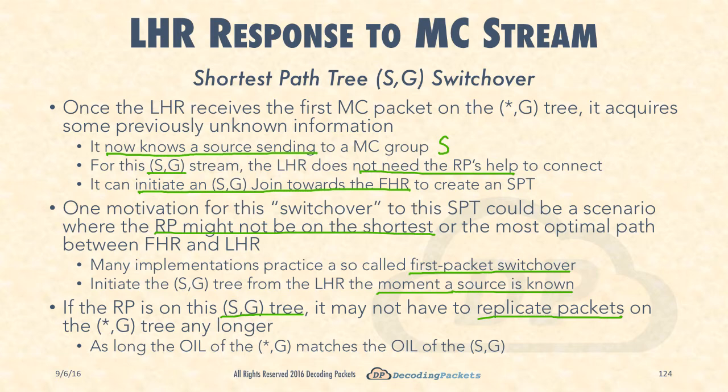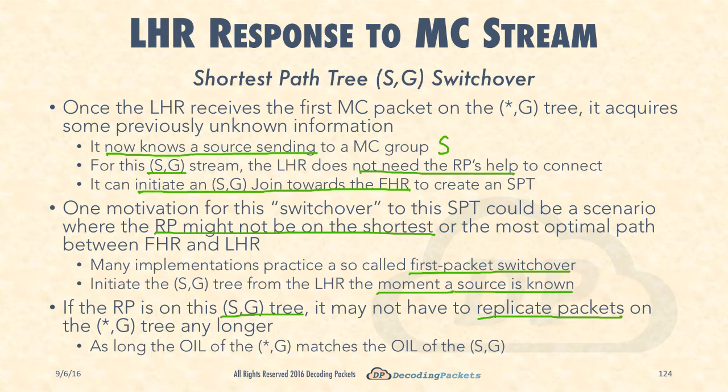So again, I'll defer to the actual slides that are coming to show this, but really the RP is not replicating packets anymore. It really just has a complete S comma G tree with an IIF and an OIL, and it just receives the packet on the S comma G and forwards the packets out on the S comma G. It's not replicating packets from S comma G to star comma G anymore.